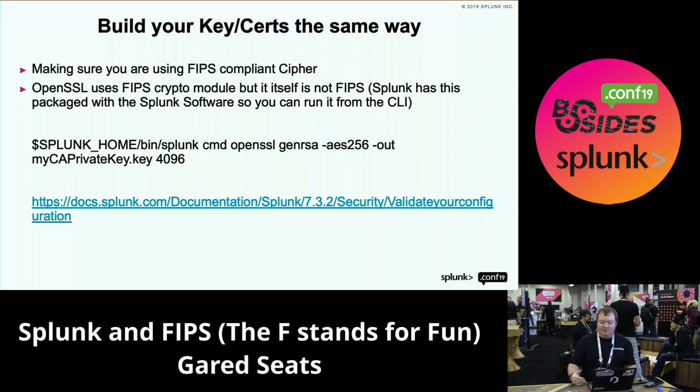I would just make sure you double check that you're using AES and not triple DES. I had one client who used triple DES when they were generating, because Splunk Docs still has that apparently on one of their settings to generate the key with triple DES, and they couldn't get the certs to work. They had to go through their history and look at all the stuff they typed out, and they saw that, for some reason, they didn't use AES 256.